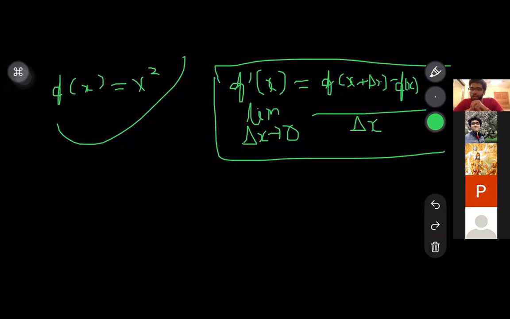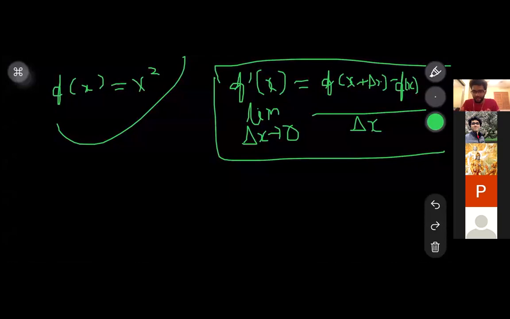It's not allowed. So my hope is to simplify this to such a level that delta x will not be in the denominator. Either it will be in the numerator as an addition, subtraction, multiplication, we are okay with any of that. We just don't want delta x in the denominator because we cannot divide by 0.